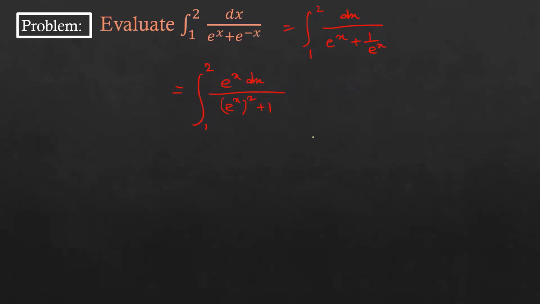Now what do we have to put? We take e to the power x equal to t. That means e to the power x dx is equal to dt, and your limits will change.